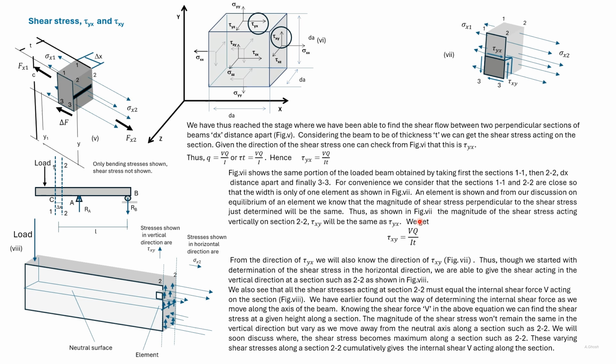So V here is the internal shear force acting at section 2-2. Tau xy is the stress, and the magnitude of the stresses will vary along the section depending upon Q. The shear stress at a given height is considered to be the same, with the maximum shear stress occurring at the neutral axis.